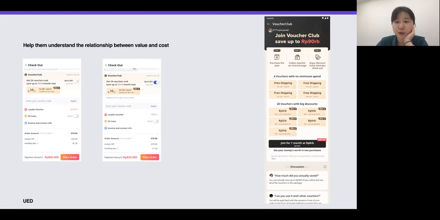And the last part, when we're talking about price, we specifically mention that you can get your money's worth in how many purchases. We help them make the connection so that customers can be less hesitant about moving forward.